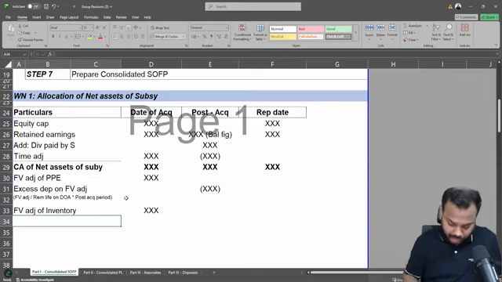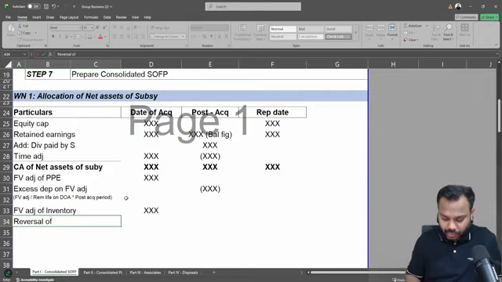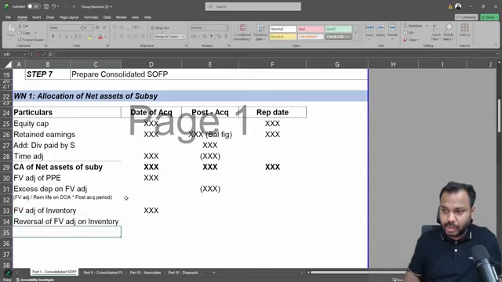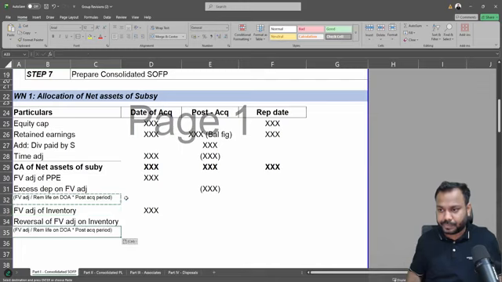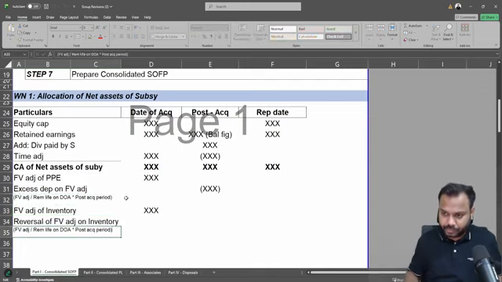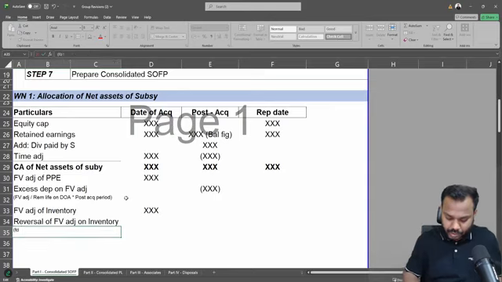So, reversal of fair value adjustment on inventory to the extent inventory is sold in the post period.